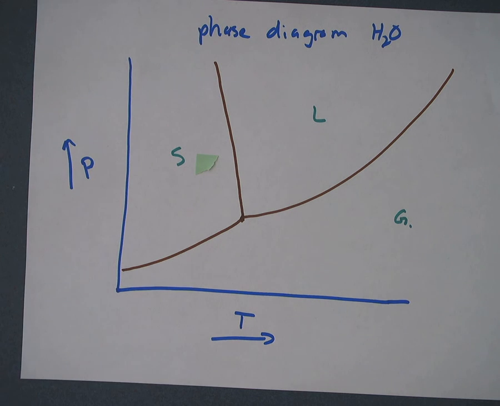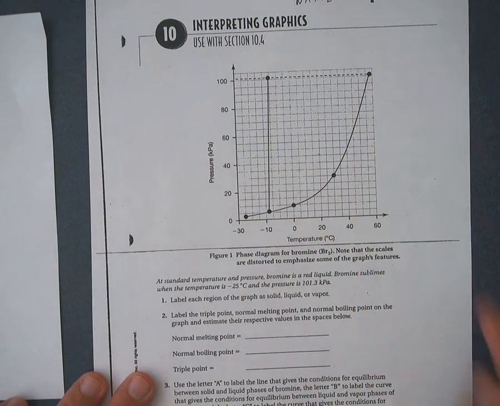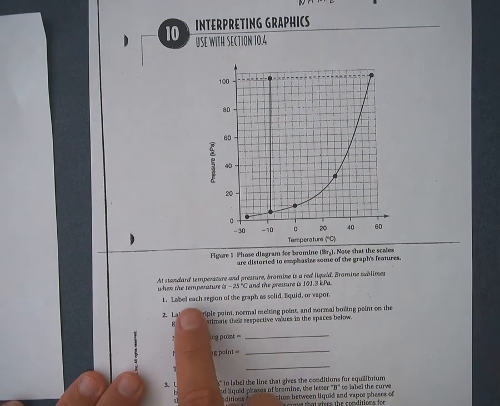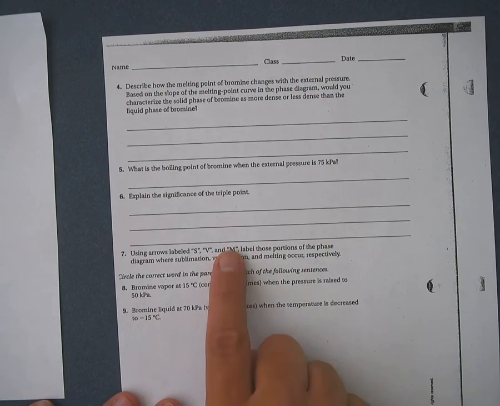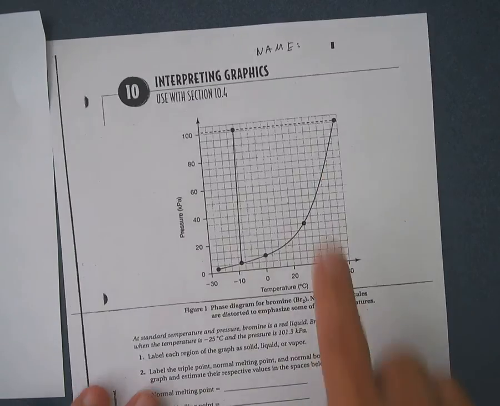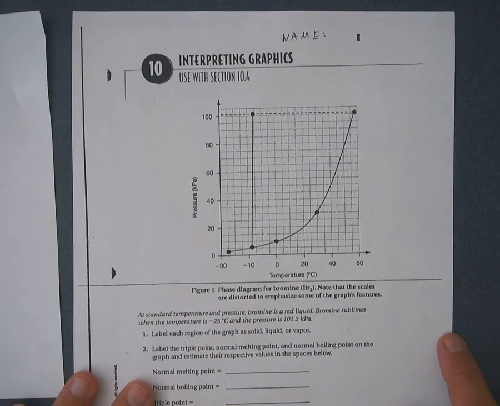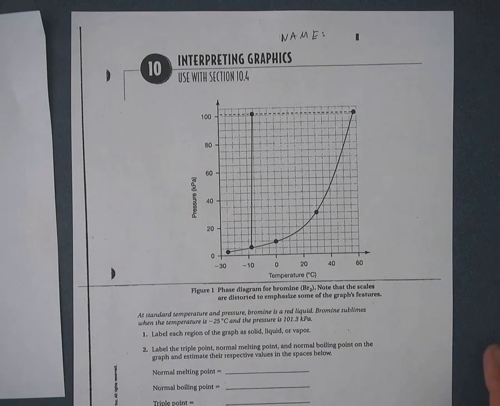Okay, so for your homework, you should have picked this up yesterday in class, and you can add your name to the top. Question number 1 and question number 3, and on the back, question number 7, ask you to put things on this graph to label certain zones and lines and points.